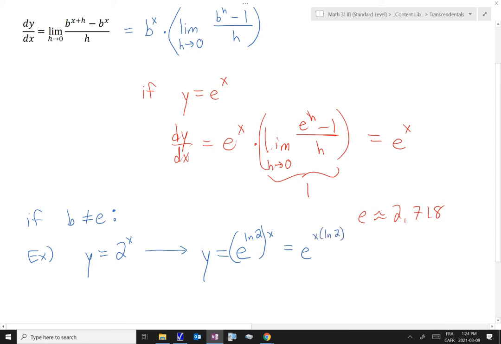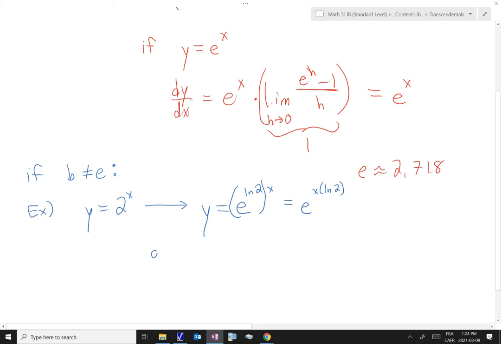I can derive this using the chain rule. So the derivative of 2 to the power of x with respect to x is going to be e to the power of x ln 2 times ln 2, or in other words, 2 to the power of x times ln 2.